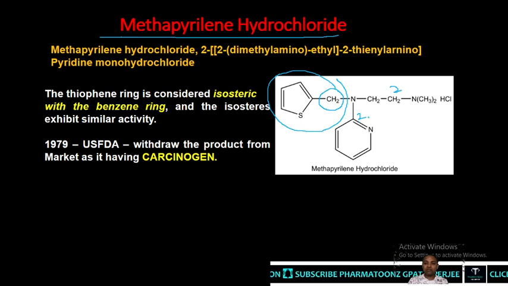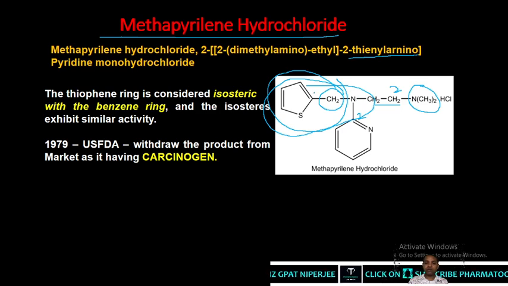So 2-dimethylamino, this is the dimethylamino ethyl. Then this whole group is called 2-thenyl amino, when the CH2 group is attached with nitrogen, and this is a thiophene ring system. So it is called 2-thenyl amino. And last is pyridine monohydrochloride.